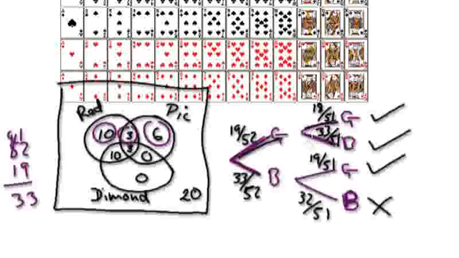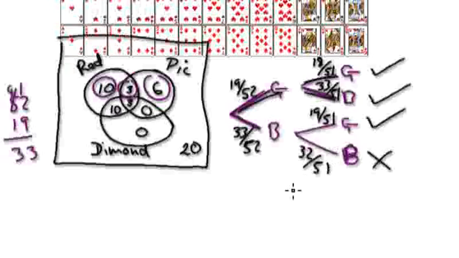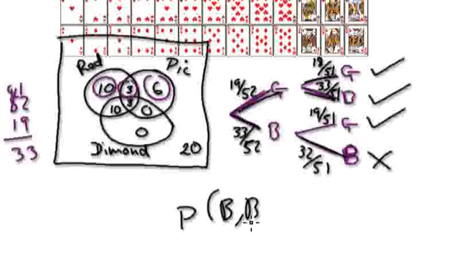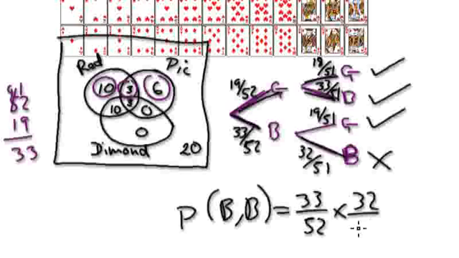So basically, you need these 3 branches. Rather than adding all these 3 branches, I'm just going to work out this one. The probability of bad and bad would be 33 over 52 times 32 over 51. So rather than adding these 3 branches, I'm just going to get 1 take away this branch here. It's a lot quicker.